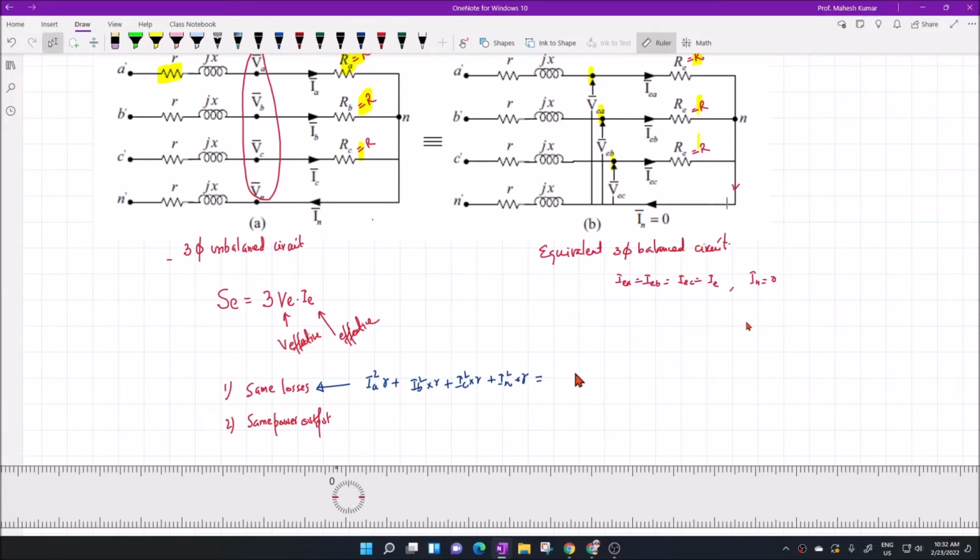So this will be equal to, therefore, 3 into IE square into R. This R will go away from both sides because feeder resistance is identical, and therefore IE will be nothing but the square root of (IA square plus IB square plus IC square plus IN square) by 3.